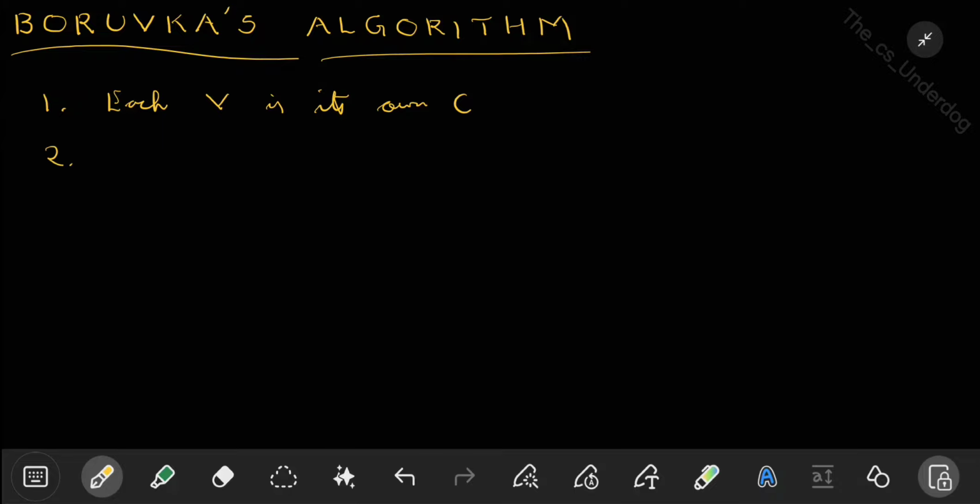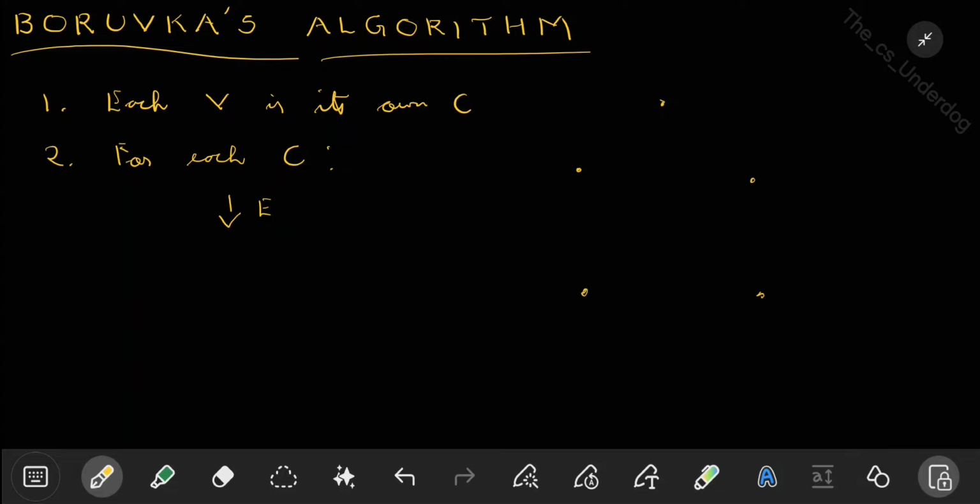Next step is, for each component, what do you have to do? For each of the components that are present, you have to find the smallest weighted edge that is connecting this component to any other component. Let us say initially you are considering only the vertices.